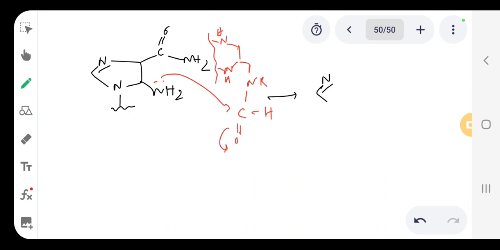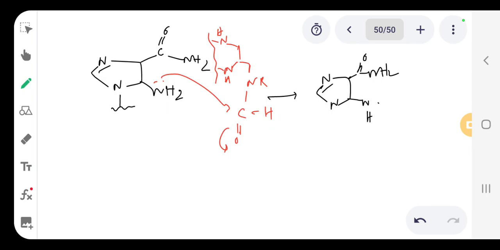Here will be a double bond also. NH2. So the folic acid is used as a marker which carries the CH2 of serine to the thymidine, right? So this is the CH3 marker from the previous one. Here it will do the same thing also.